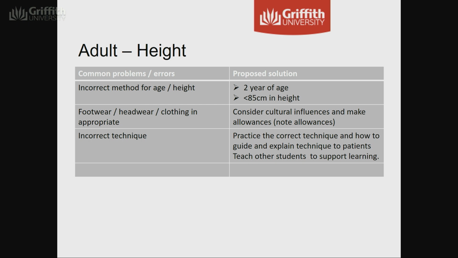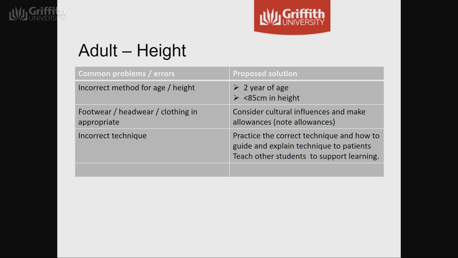In terms of correct methods for age and height, we adjust height for people who are young, particularly around premature birth, so that we work on their expected age based on their gestation period rather than when they were born.